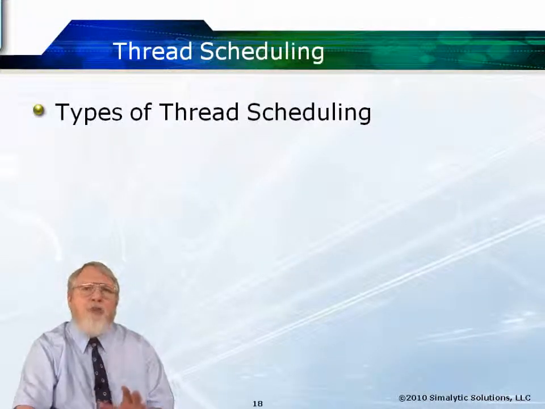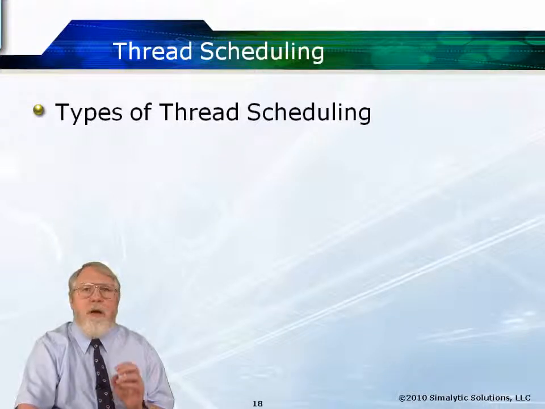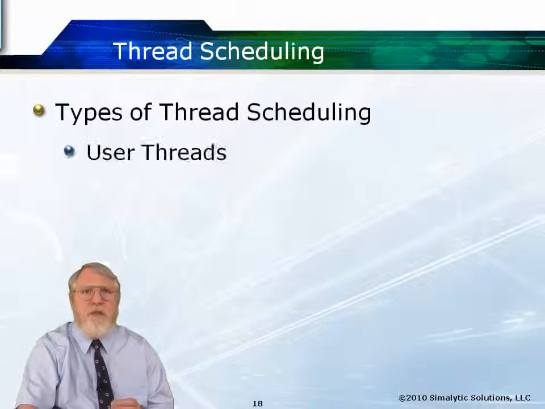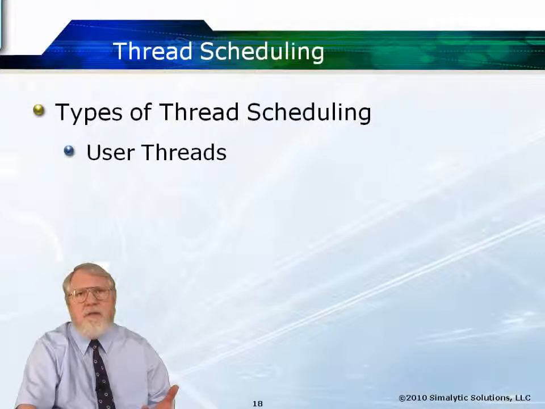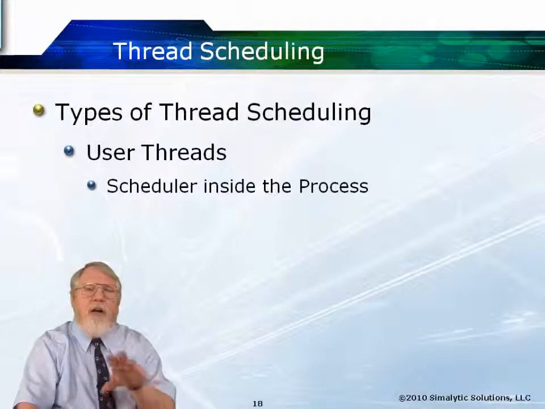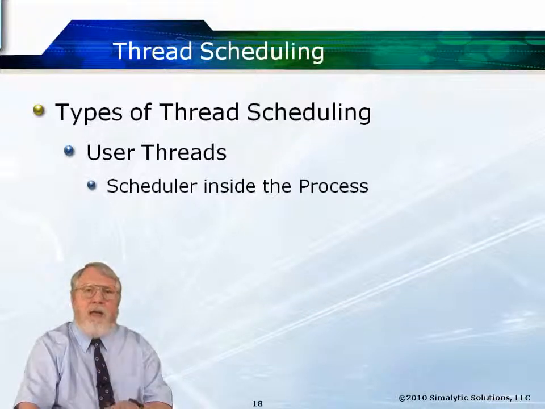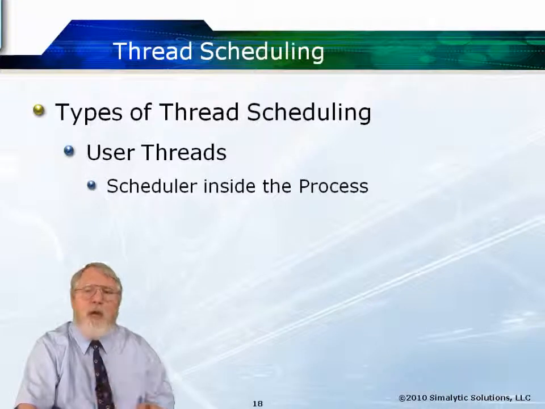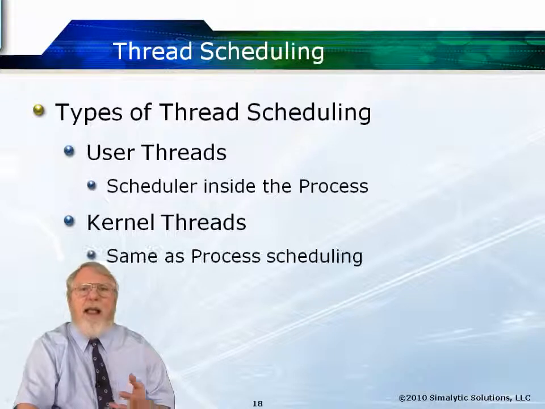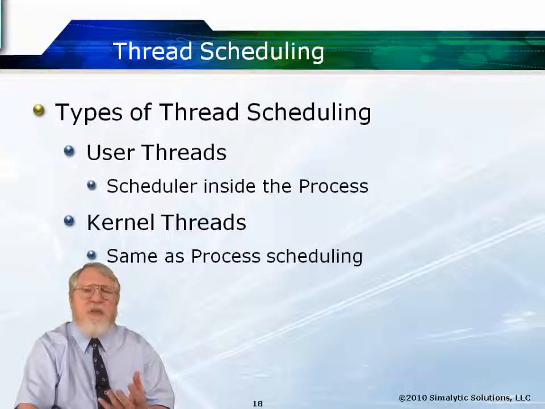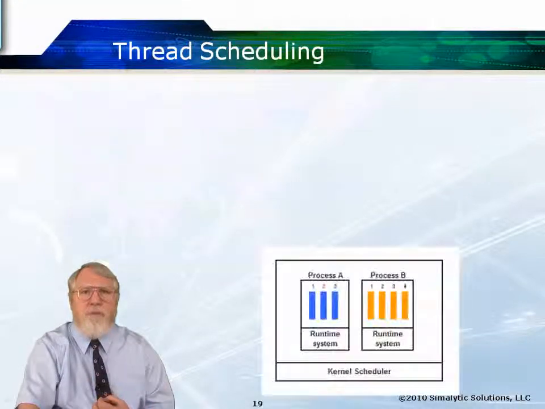Now, how does thread scheduling differ from process scheduling? Well, when we look at user threads, we're talking about threads that are within a process. And they're not scheduled by the operating system. They're scheduled by that runtime environment that's within the process. We look at kernel threads, and they're scheduled the same as processes are from the point of view of the kernel.